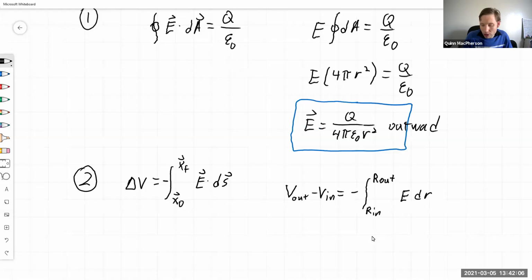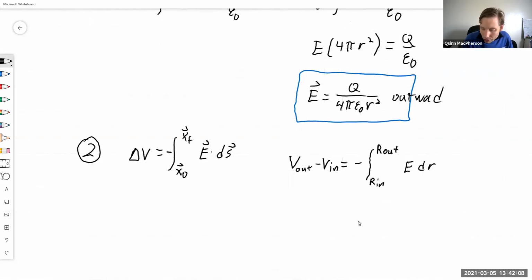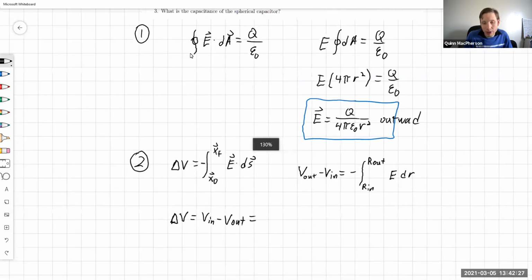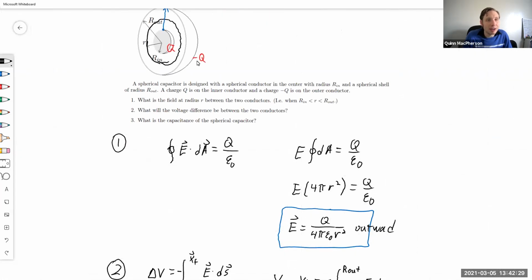Okay, so now we can just stick in. I'm just going to refer to this as delta V. And I'm going to define delta V as V in minus V out. Why do I do that? Well, the inside conductor is the positive one. The outside is the negative one.